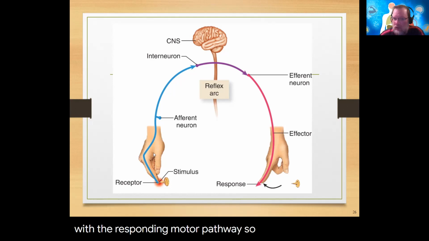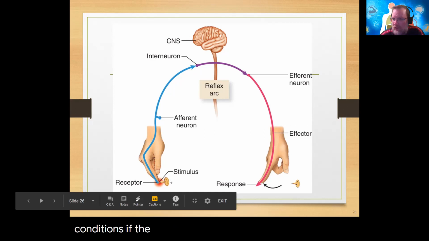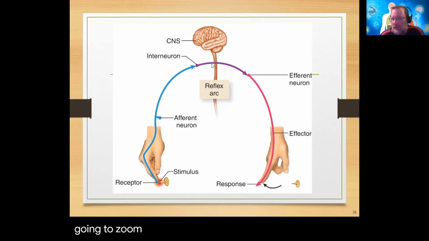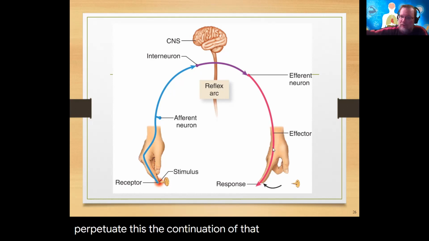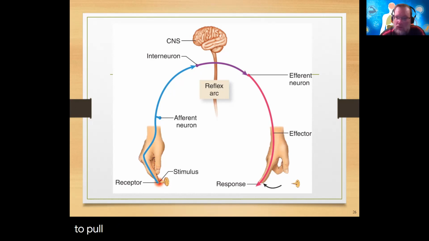Under certain conditions, if the strength of the stimulus out here is really loud because I touched something really sharp, that stimulus is going to zoom really fast. It's going to hit that interneuron in the gray matter of the spinal cord, and it's going to perpetuate the continuation of that stimulus, this time through an effector to get me to pull my hand away, almost without the brain having to make that decision, right?